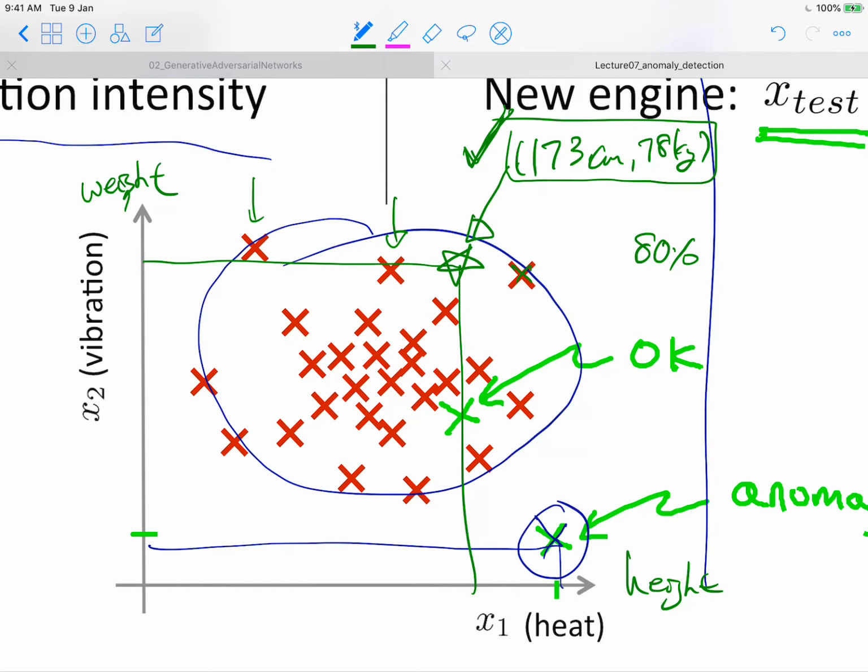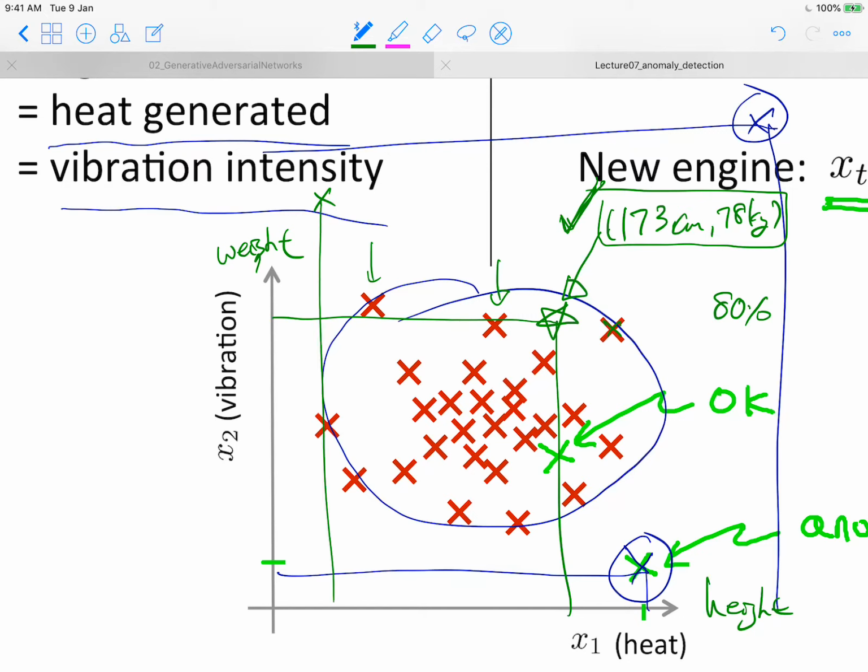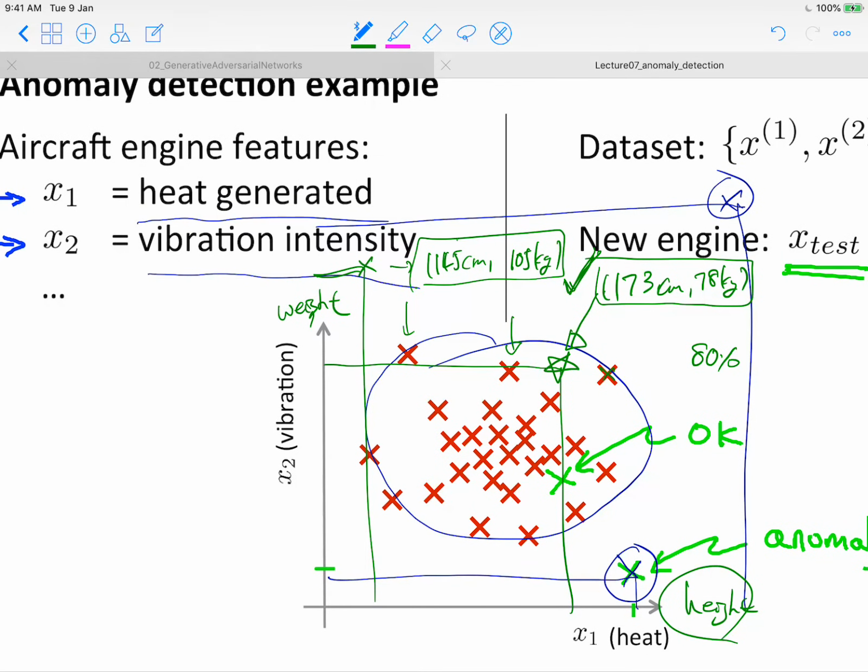But suppose we think of a person with a really small height, maybe 145, and a really large weight, maybe 105 kilograms. It will be really unlikely to observe this particular person, right? In this case, our density estimation model should be able to answer that the probability of observing this kind of person is only about 3% in reality, or based on our data. So this is the problem of estimating the density or the likelihood.